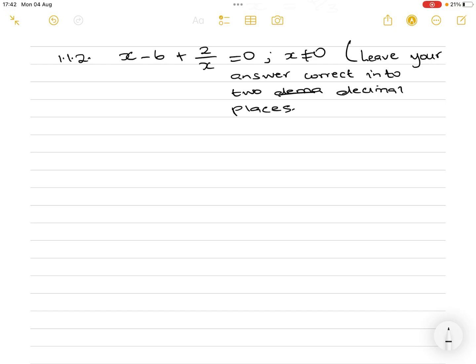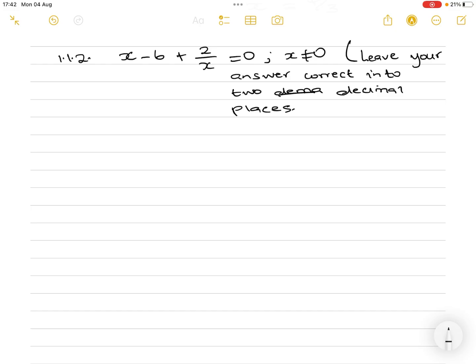So before you tackle this problem, you have to make sure that you get rid of the denominator. In most cases, when you have a denominator in your expression or equation, make sure that you get rid of the denominator and then solve the equation. So how do we eliminate this denominator? By multiplying with x throughout.